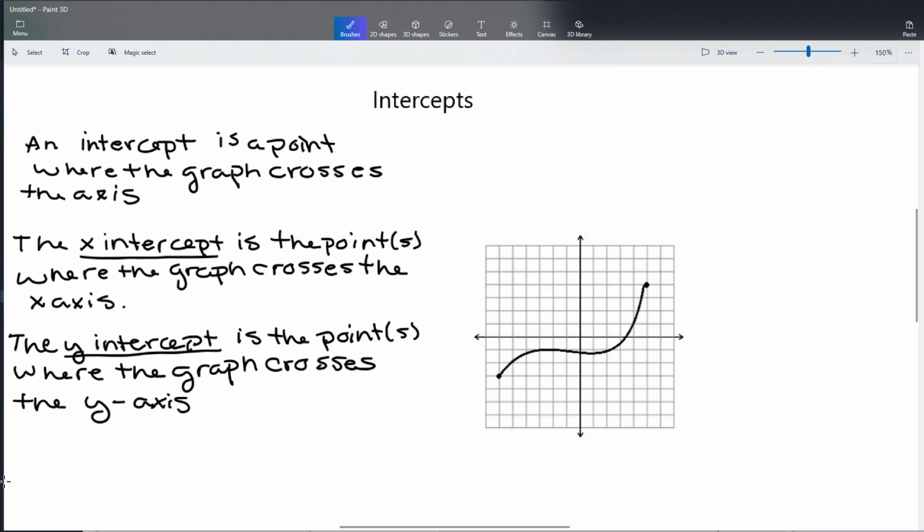So we're going to look at this graph that I have here, and we're going to just visually inspect it and find the axes. We're going to say that this is the graph of f of x.